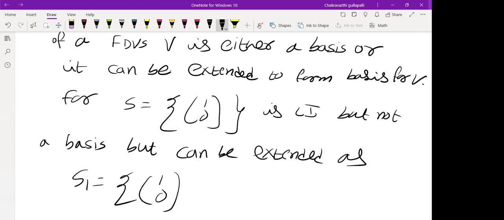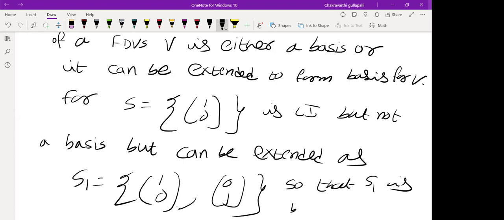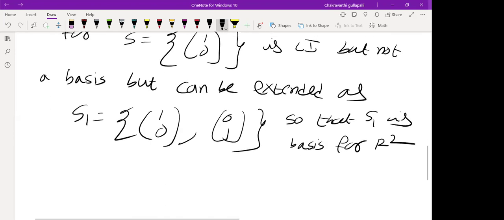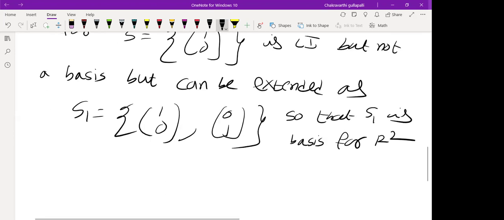Apart from this, extra vectors we have to add. Let us add, so that S1 is this, for R2. This is called the standard basis. This is also called an extended basis of S. We have extended S to S1. That is, extension means adding some more vectors. You know, this is a basis. Single (1,0) is not a basis. So we have adjoined this and it has become a basis.